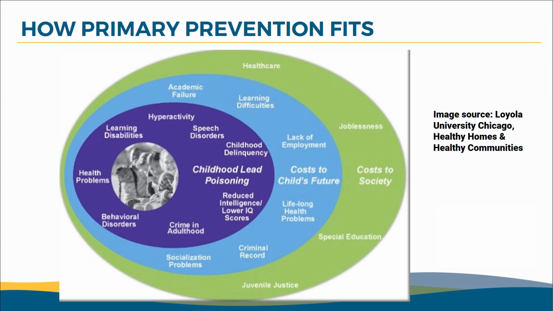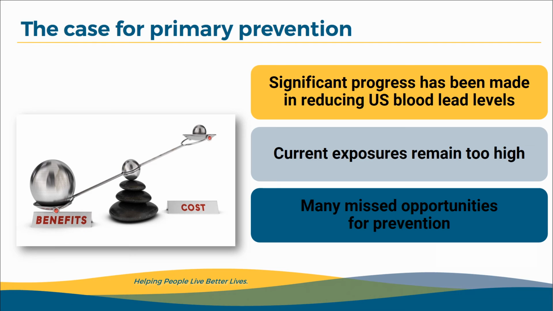We know that local public health has a variety of responsibilities under Nebraska's policies, but keep in mind that secondary prevention will not achieve the ultimate outcome of preventing all children in the community from exposure to lead. Significant progress has been made in reducing U.S. blood lead levels over the past 3 decades by limiting lead's use in consumer and other products, but the hardest part remains.